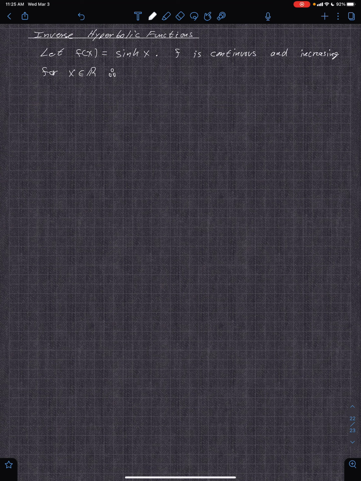Therefore, it's basically monotonic; continuous and monotonic means it's one-to-one. So for x in R, its domain, f is one-to-one. And if it's one-to-one, we know f inverse exists.